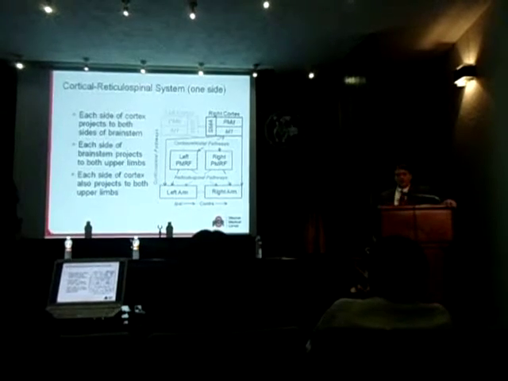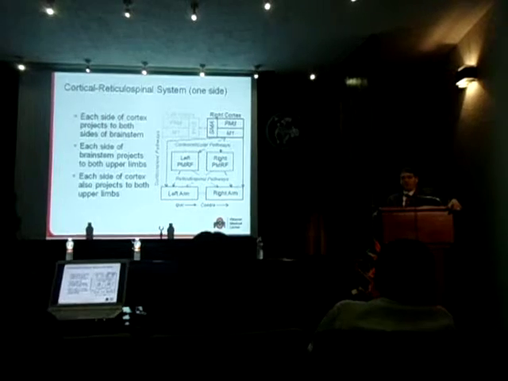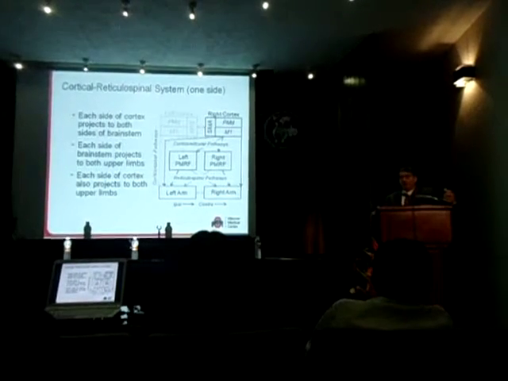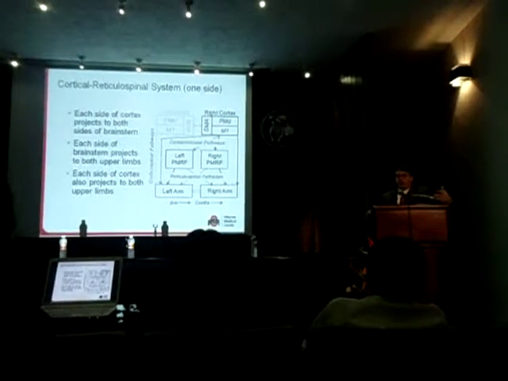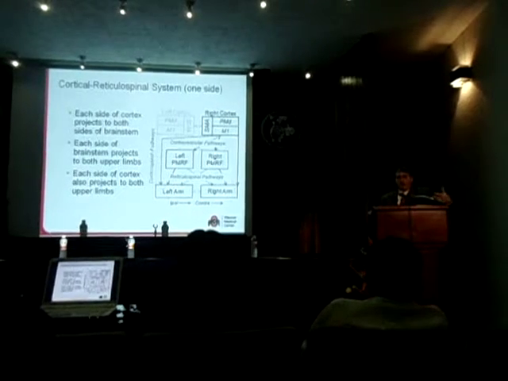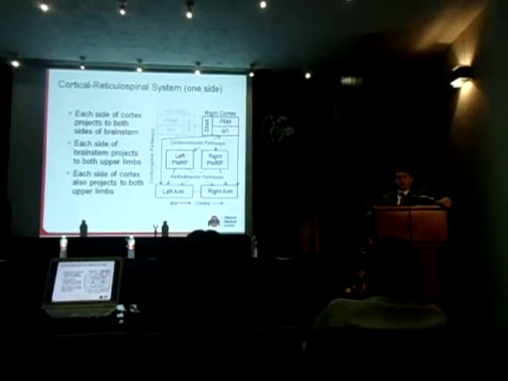So we think that this system is part of what helps us recover from stroke, not just the recovery of the damaged area in the cerebral cortex, but also the person learning to use these other systems that were already there in their brain, and to learn to control them more with voluntary control to produce movement.